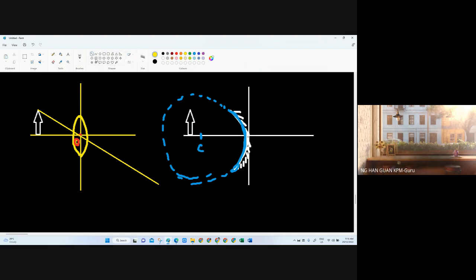Once you see that it's an object, then you know where the center of curvature is. So the first thing, from the object toward the center of curvature, go straight line, no matter how. To make it easier for you to see the whole ray, I adjust the center of curvature a bit and make it shorter for you, so that you can see.